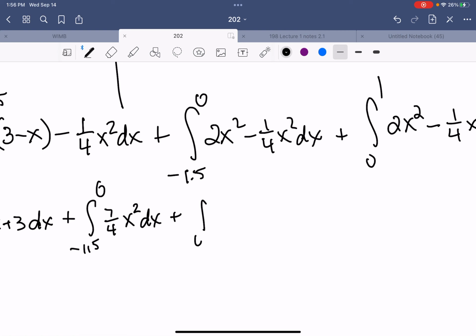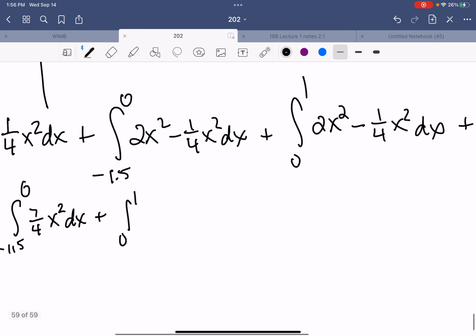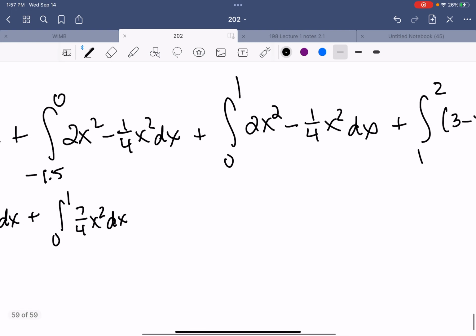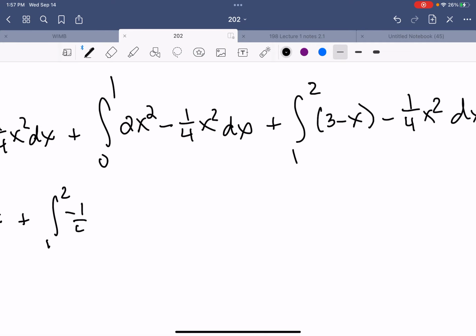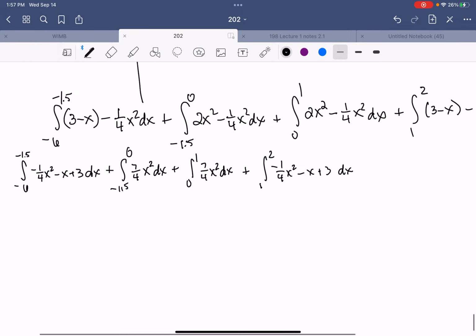Then we have the integral from 0 to 1, and 2 minus 1/4 x squared again is 7/4 x squared dx. And then our last one, integral from 1 to 2 of -1/4 x squared minus x plus 3 dx. So nothing to combine, just reorganizing a little bit.